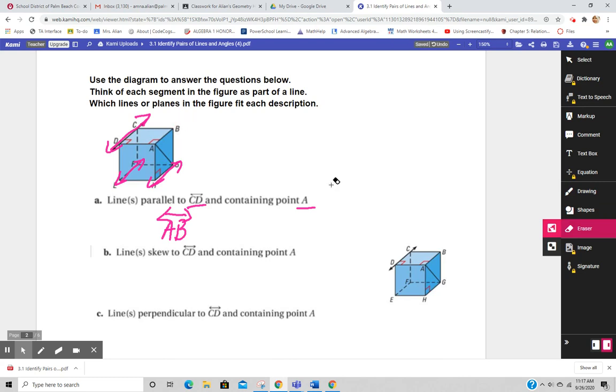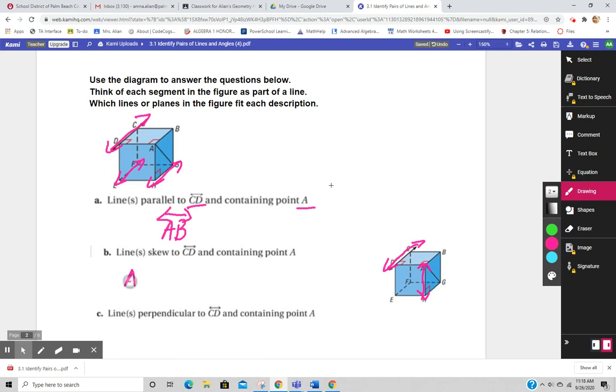Okay, let's look at the next one. We want lines that are skew to CD containing point A. So here's CD. We want it to be skew, so it can't be in the same plane, and they must not intersect. So we can look over here, and that line has to contain point A. So I see AH here, that line is skew because they don't intersect and they're not on the same plane.